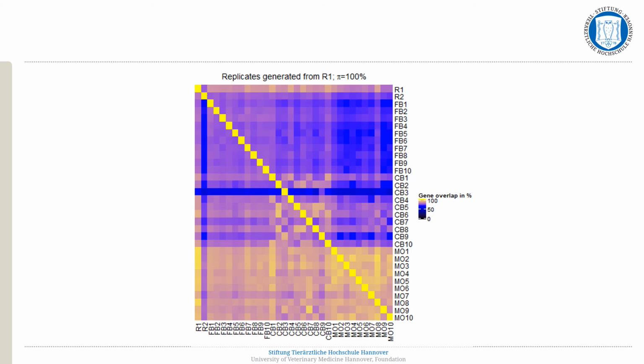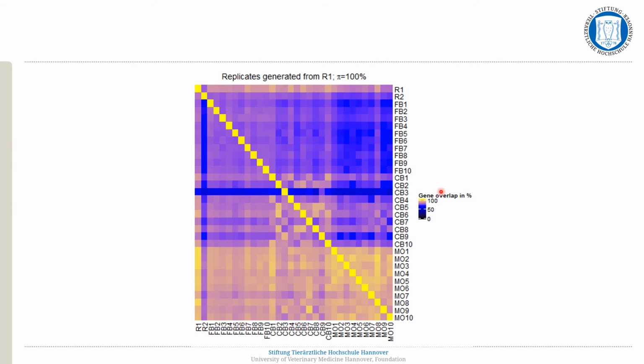And afterwards, we looked at overlapping genes in all methods, and we can see here that we did, first of all, 10 repetitions for all methods, which can be seen here. So FP stands for FastQ bootstrap, CB for column bootstrap, and MO for mixed observations.